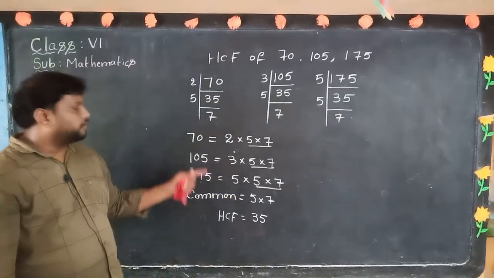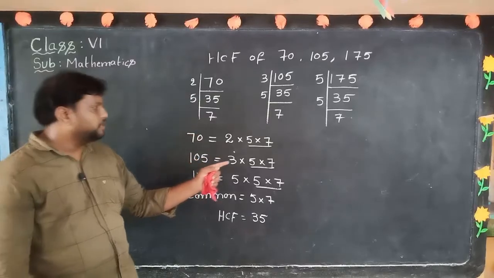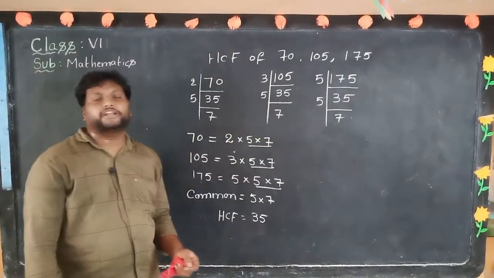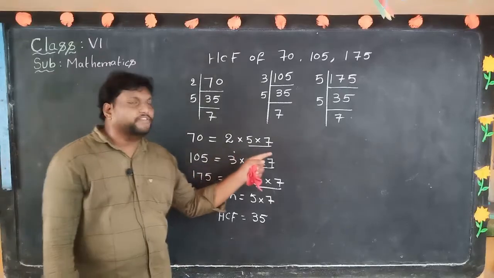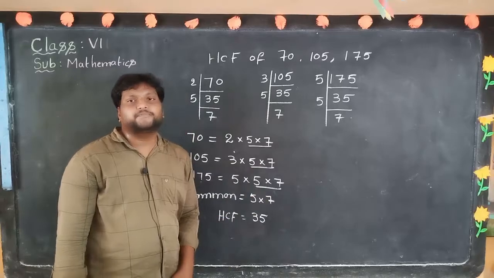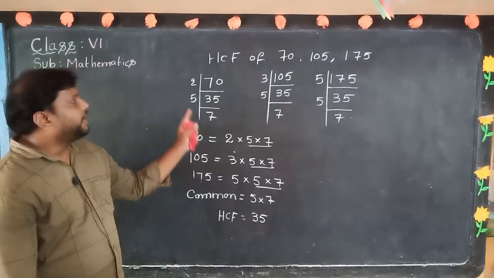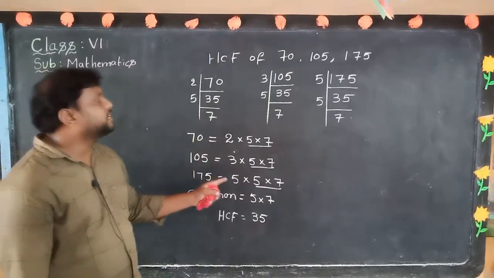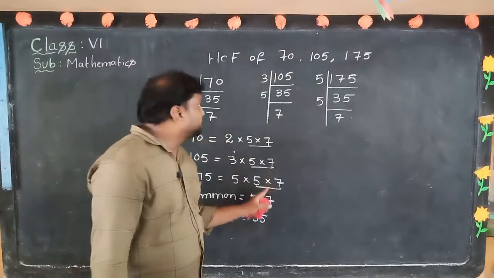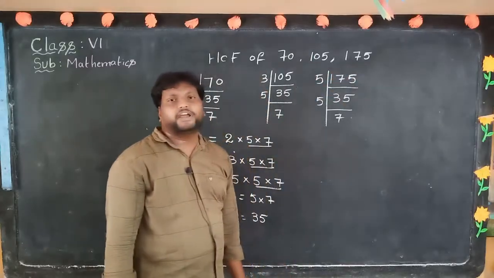The common product of these three numbers is 5 into 7, which is 35. 35 is the HCF of these three numbers. 35 times 2 is 70, 35 times 3 is 105, 35 times 5 is 175.